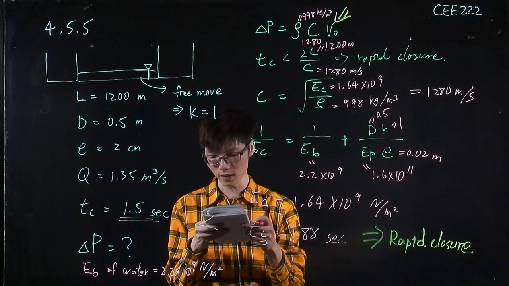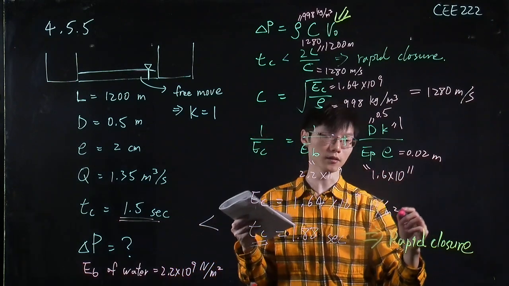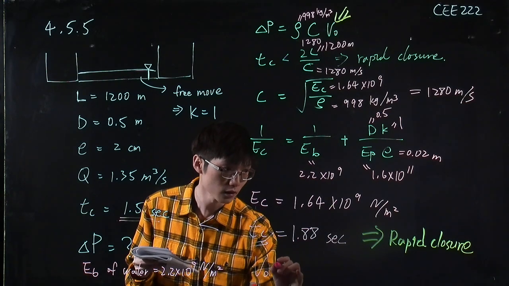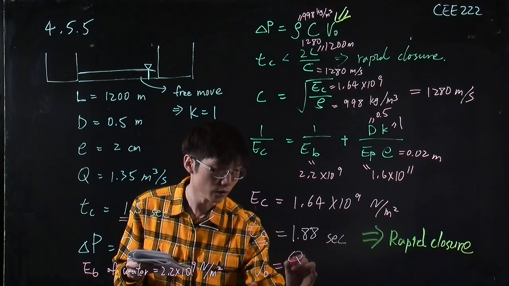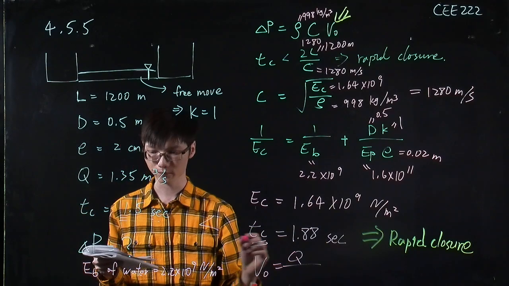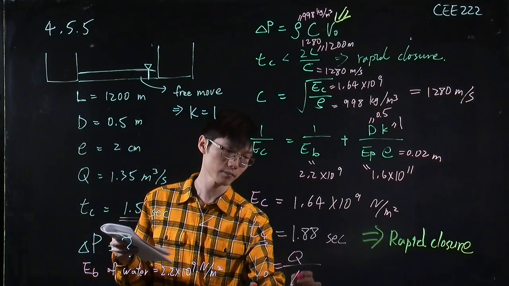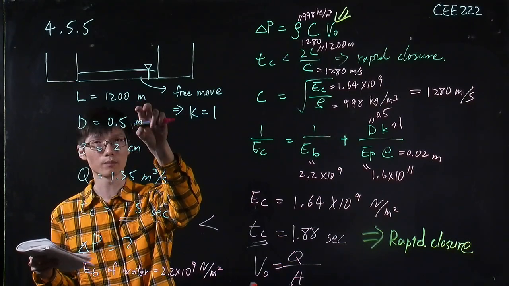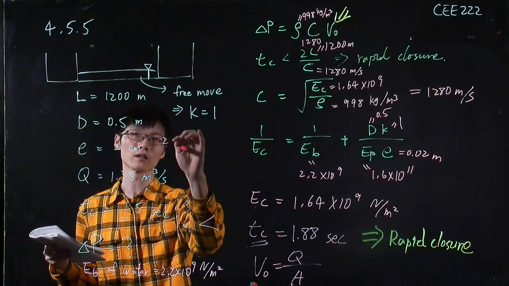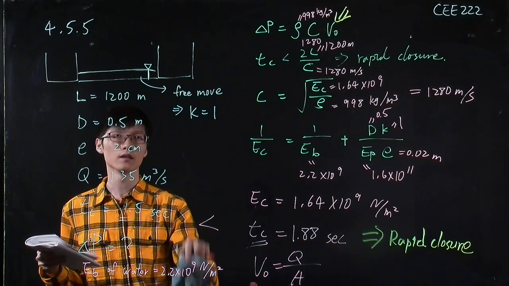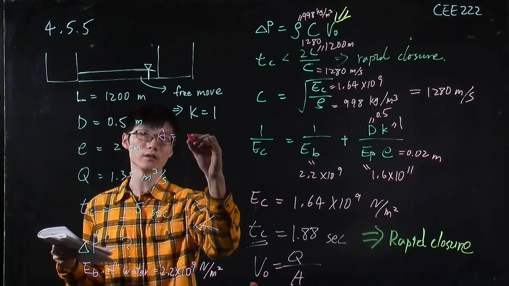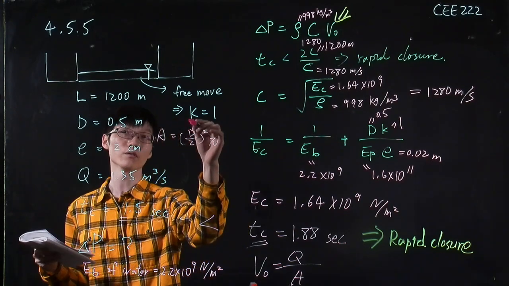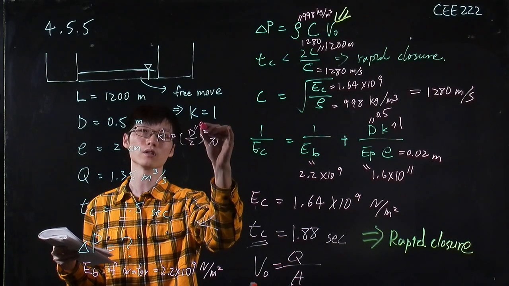The velocity, let me write down here, is equal to the flow rate divided by the area. Since the pipe is circular, you just calculate the area using this equation, and you know that this D is equal to 0.5.